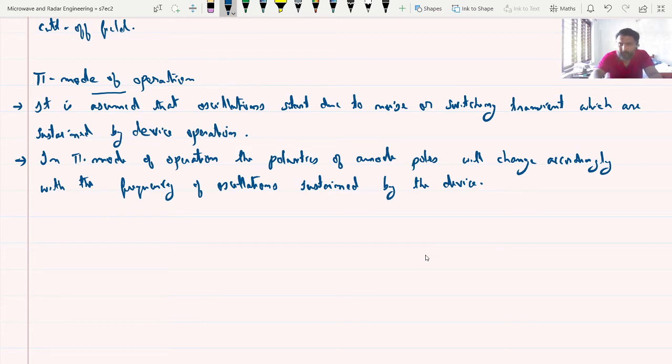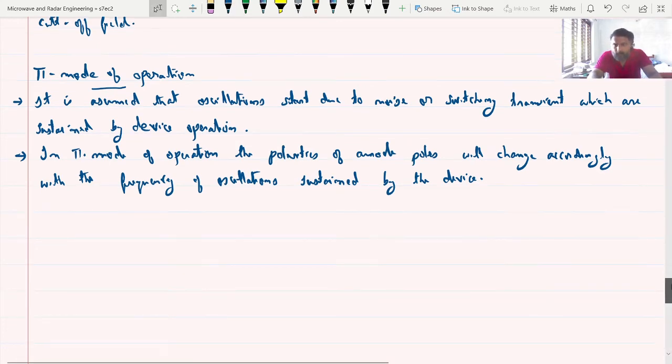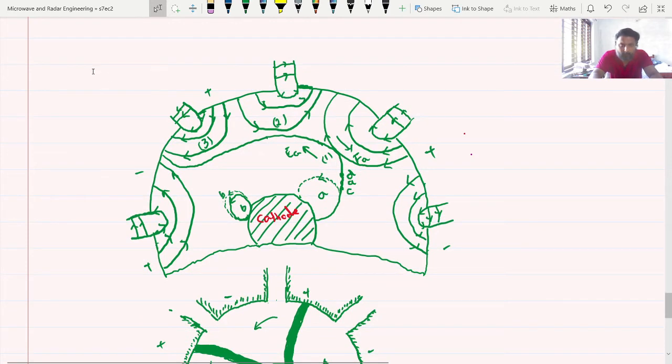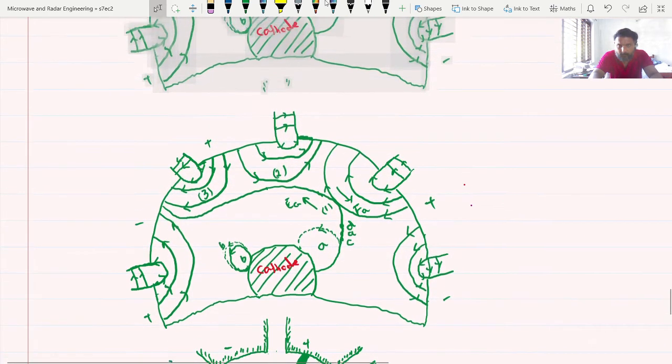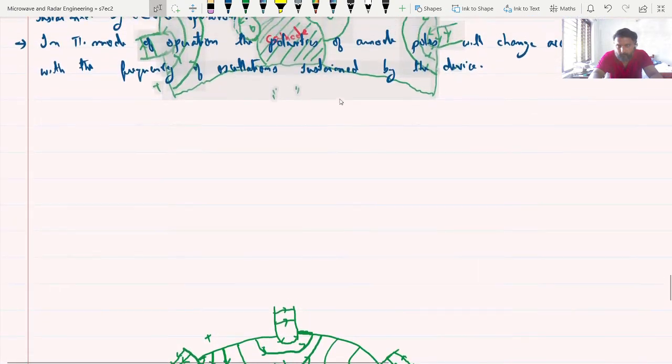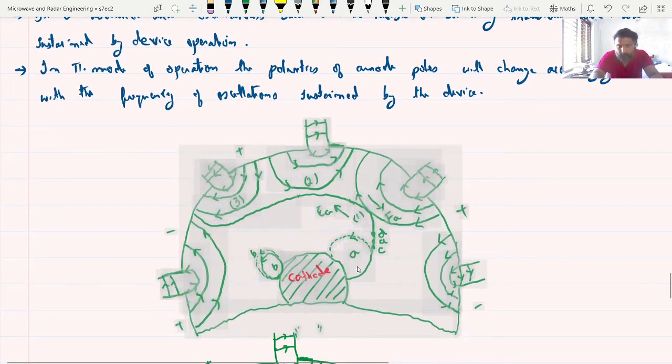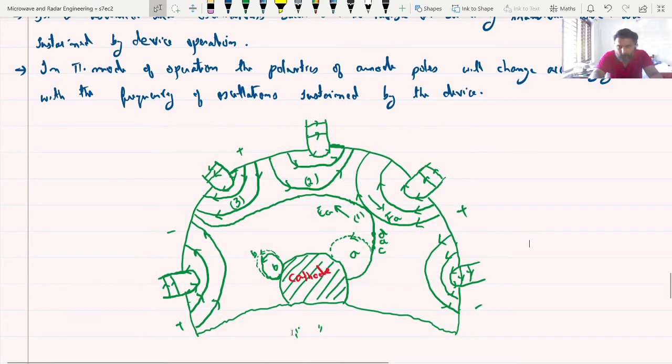So I will bring this figure up. Just I will put it here. So you can see here, these are the electric lines. I will mark minus here.